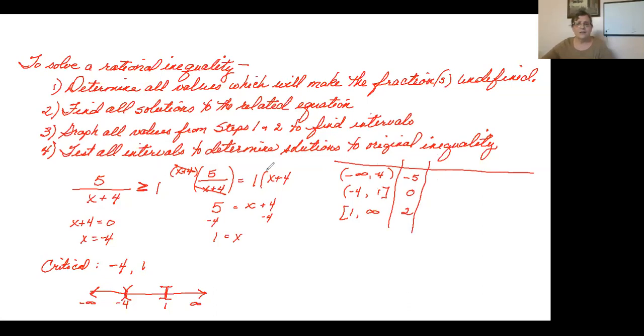So if I plug in negative 5, I'm going to get 5 over negative 5 plus 4 is greater than or equal to 1. If I plug in the 0, I get 5 over 0 plus 4 is greater than or equal to 1. When I plug in the 2, I'm going to get 5 over 2 plus 4 is greater than or equal to 1.